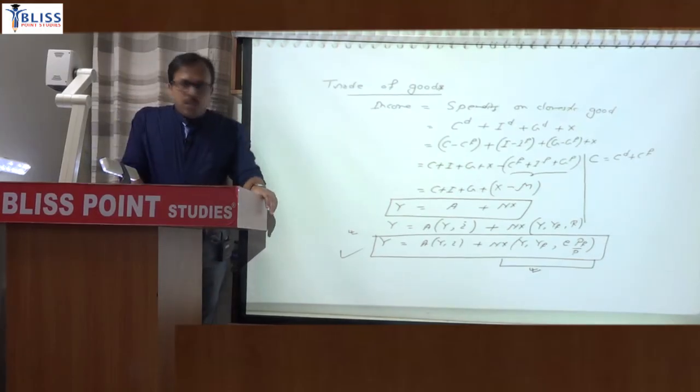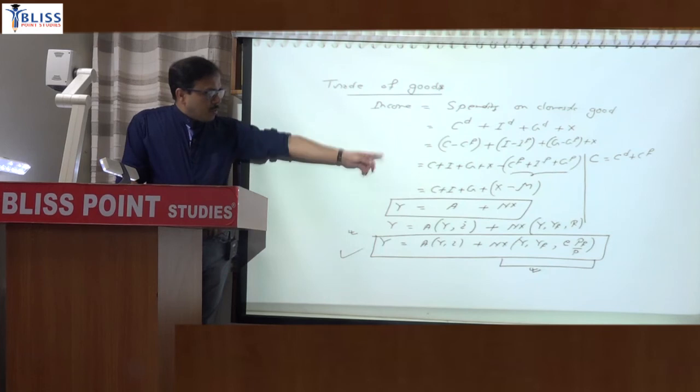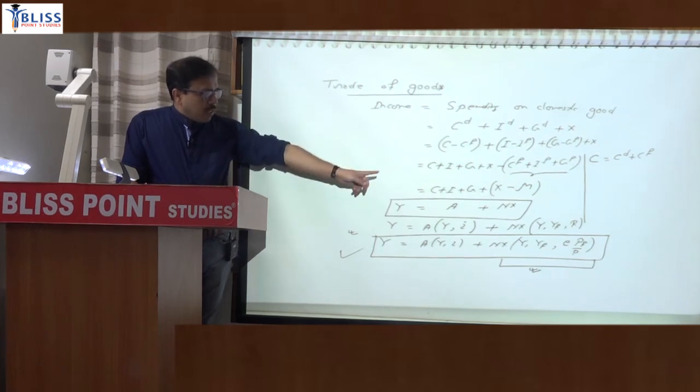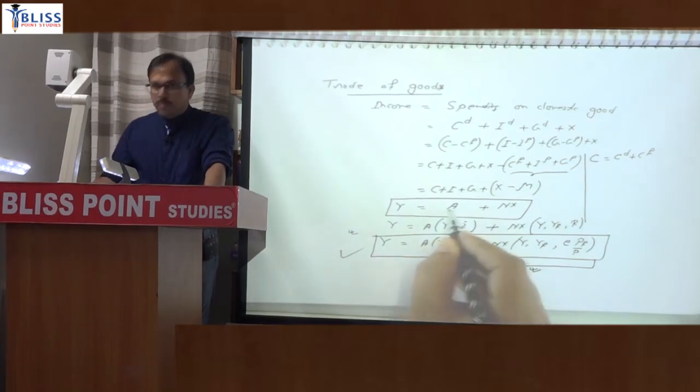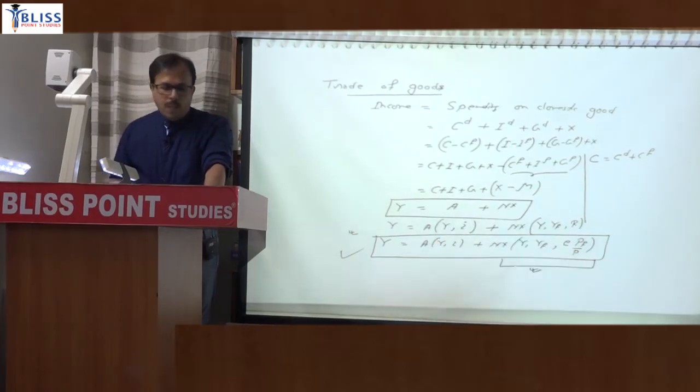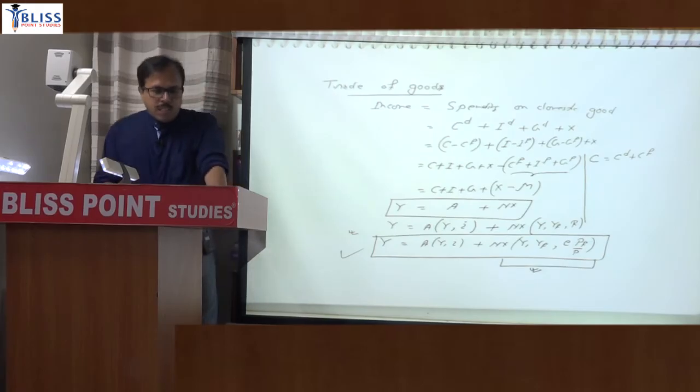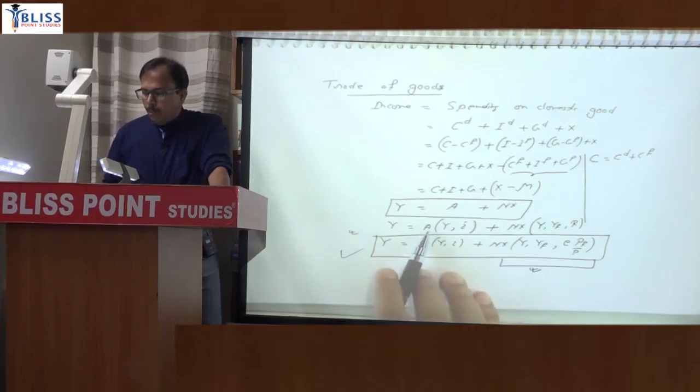Spending on domestic goods is the sum of spending by domestic residents, that is A, and net export. For instance, spending by domestic residents depends on domestic income and rate of interest.